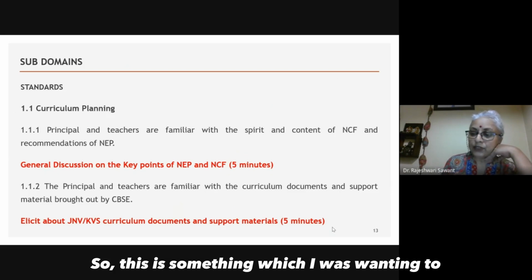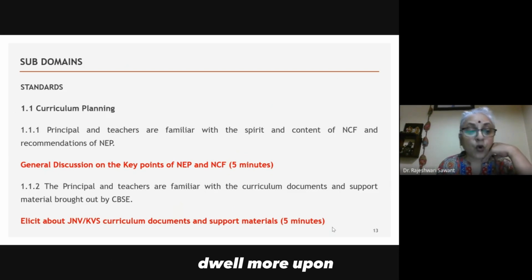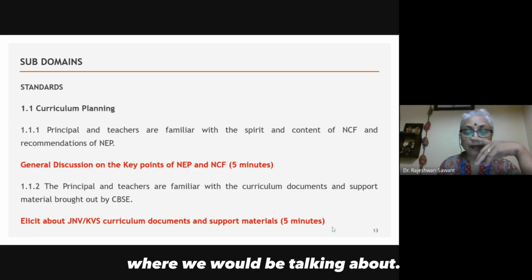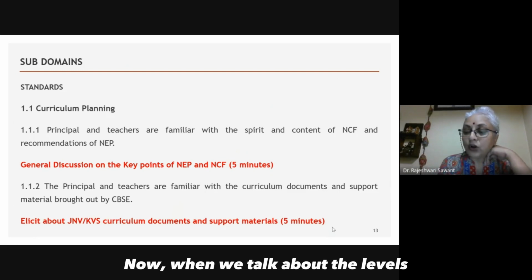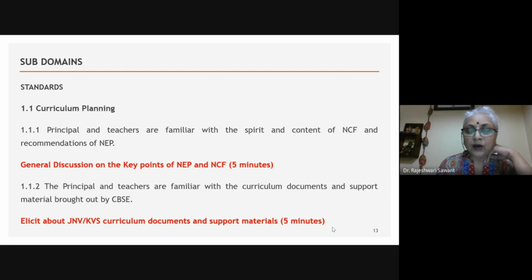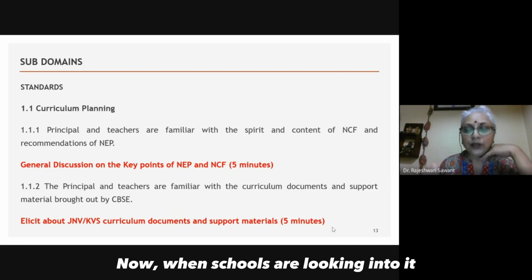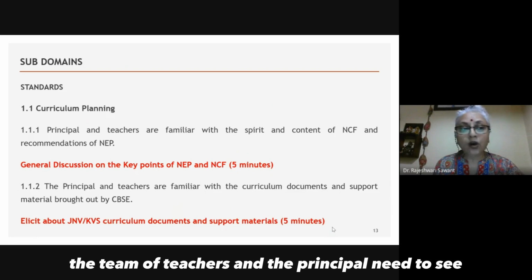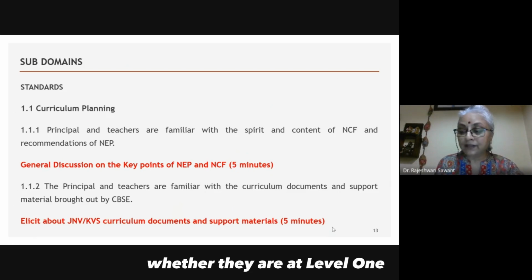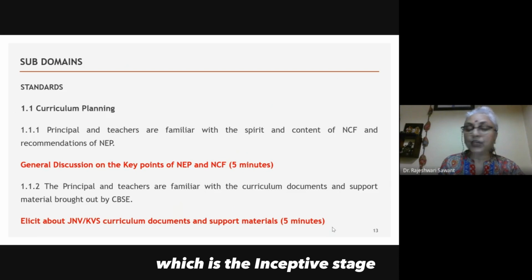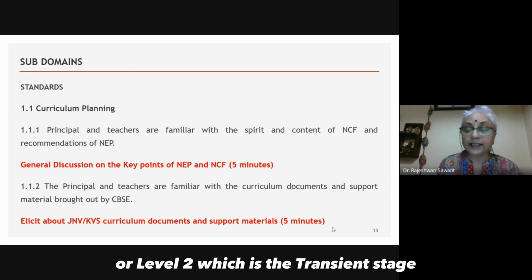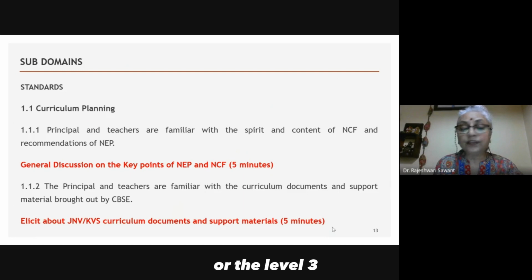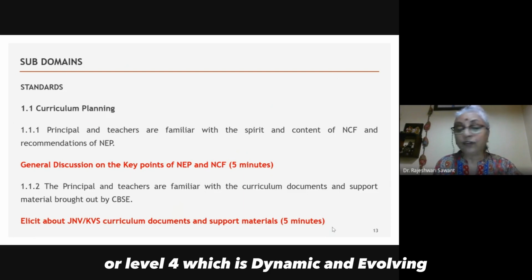So this is something which I was wanting to dwell more upon, where we would be talking about the levels. Now, when schools are looking into it for their self-assessment, the team of teachers and the principal need to see whether they are at level 1, which is the inceptive stage, or level 2, which is the transient stage, or level 3, which is the stable stage, or level 4, which is dynamic and evolving.